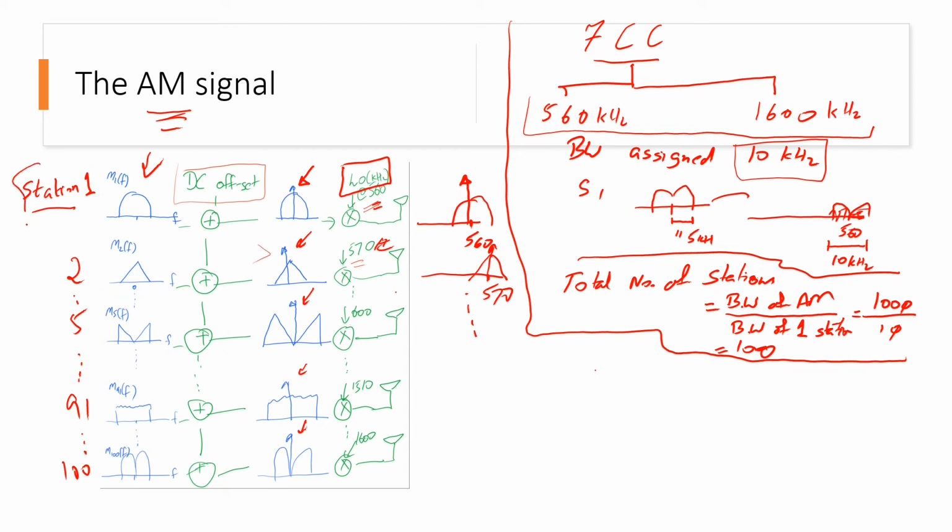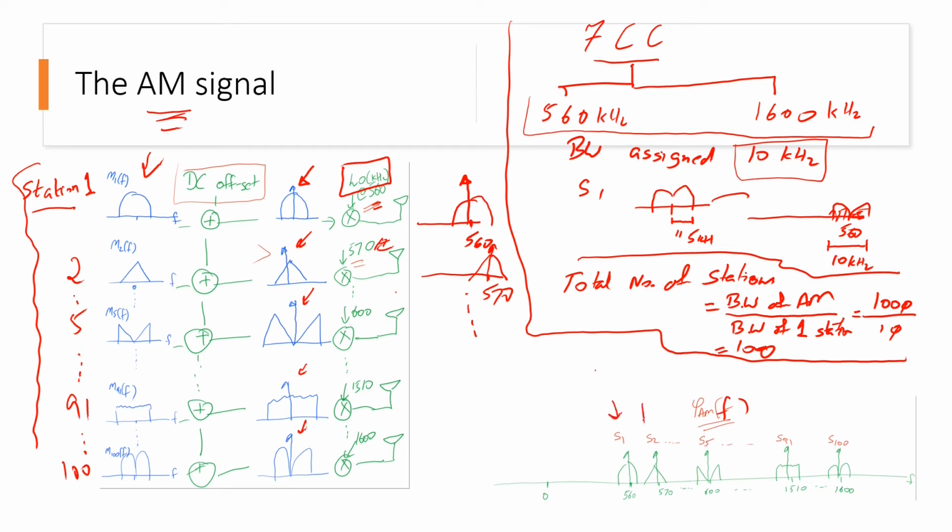Now these stations can be in the form of a single broadcast station, or they can be separated geographically and spatially, but eventually in our vehicles this is the signal that we receive, where we have the station 1 spectra, station 2, station 5, 91 and 100 and so on. In between there will be some stations over here.